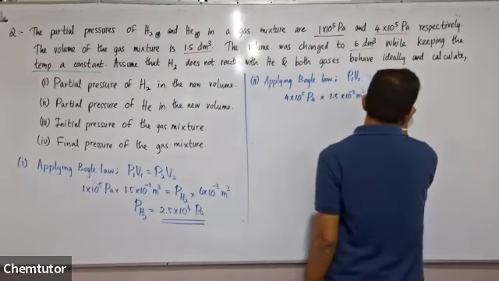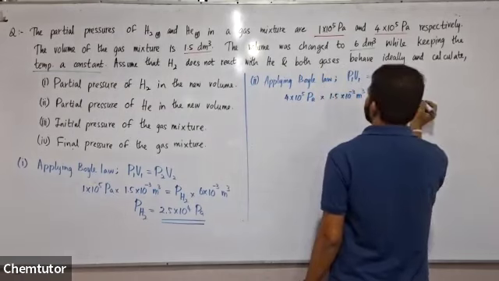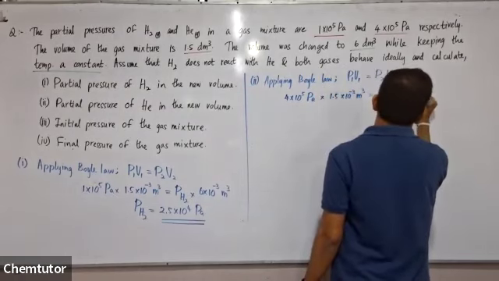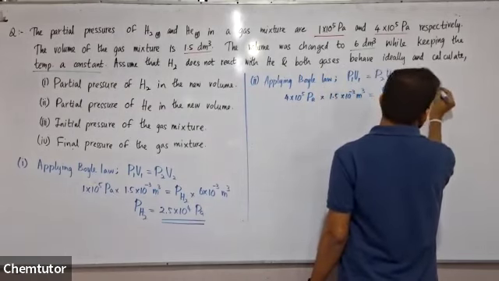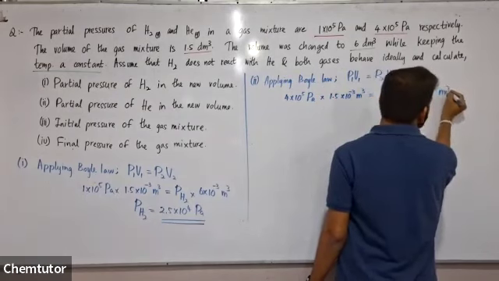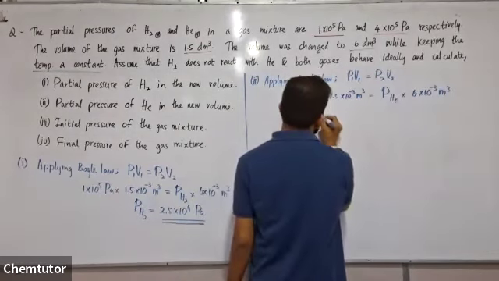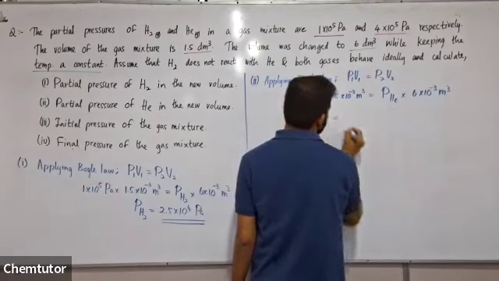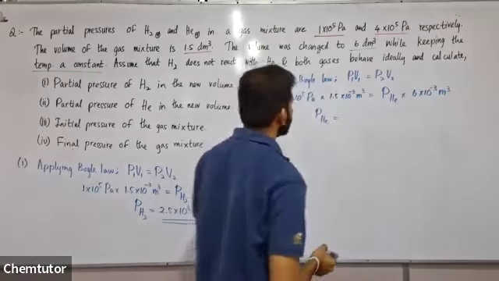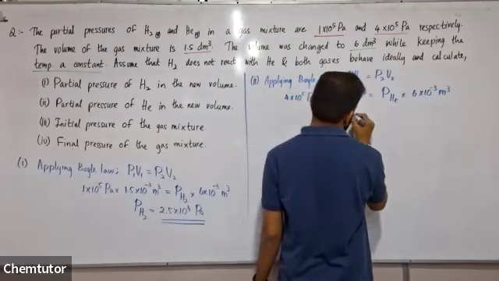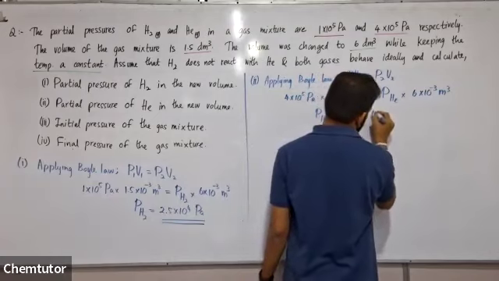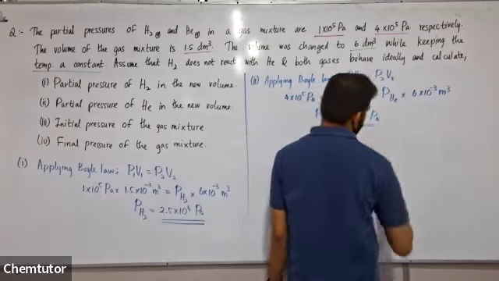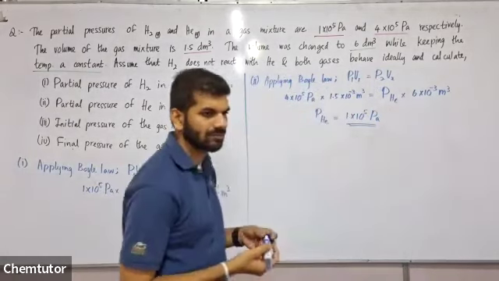The new pressure is P helium, and the new volume is 6. Then the partial pressure of helium is 1 into 10 to the power 5.